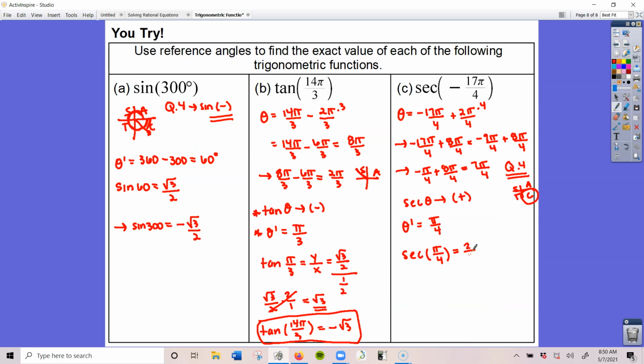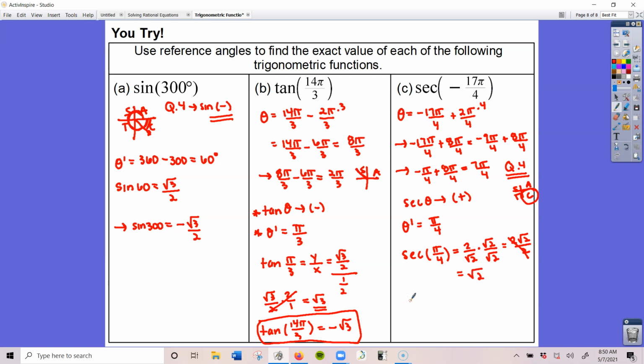So that would be the secant. But again, we would have to rationalize this. So I'm going to multiply by the square root of 2 over the square root of 2, which gives me 2 square root of 2 over 2. Those 2's would cancel. So the secant of pi over 4 is the square root of 2.